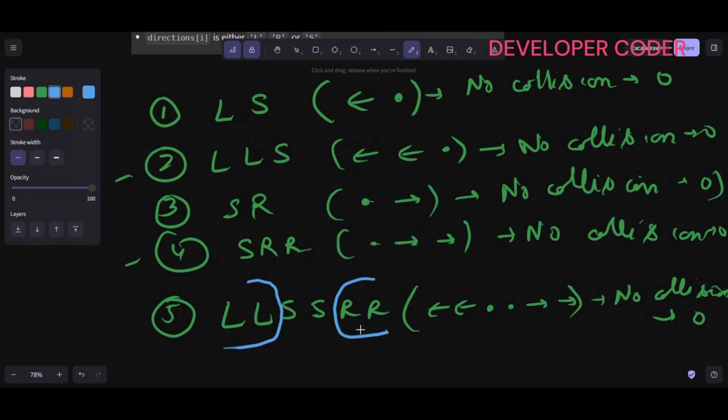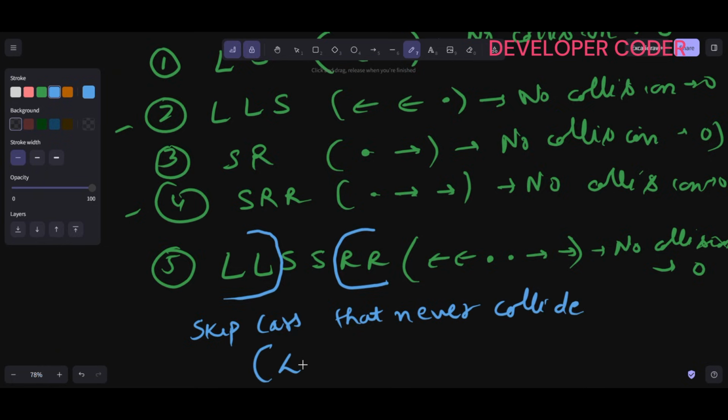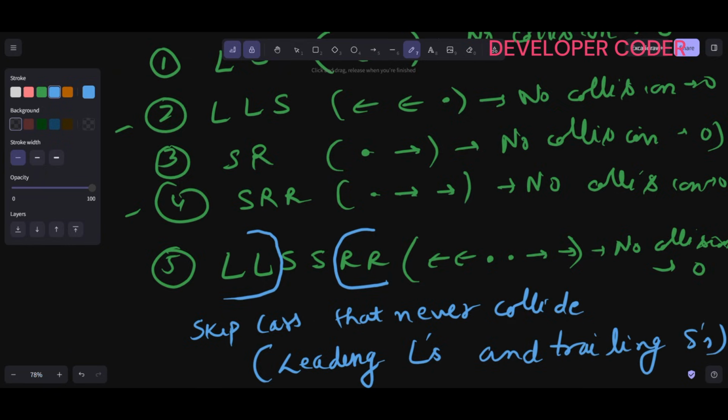So what is the point that I'm making here? I'm saying skip cars that never collide. So we can remove leading L's and trailing R's, right? Okay, we can remove.